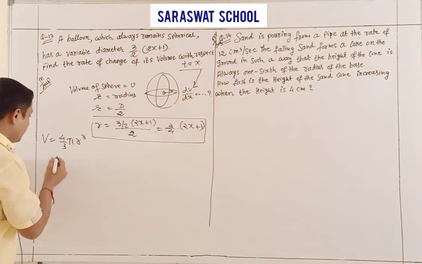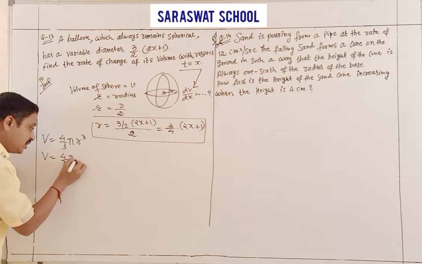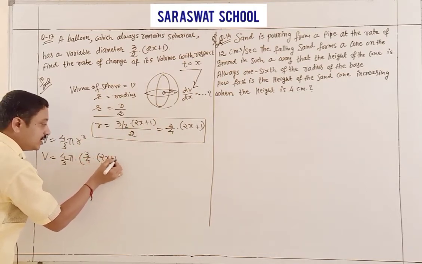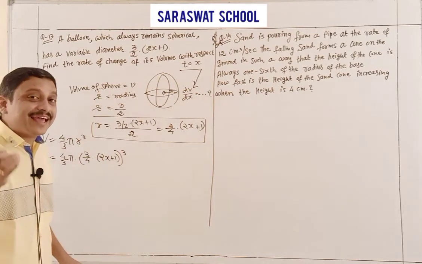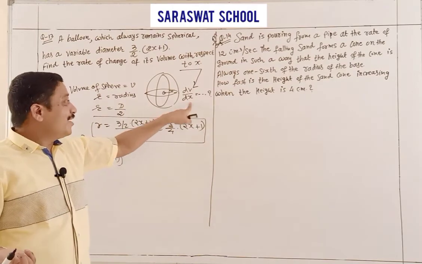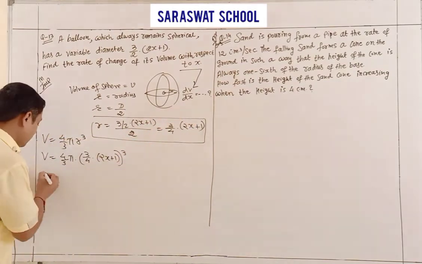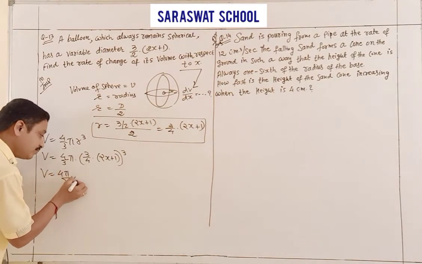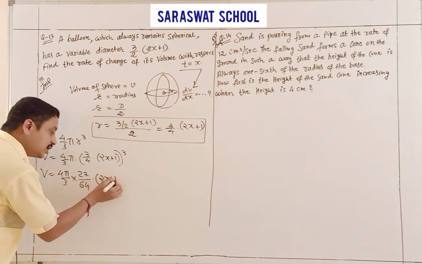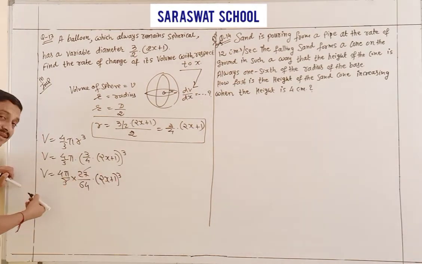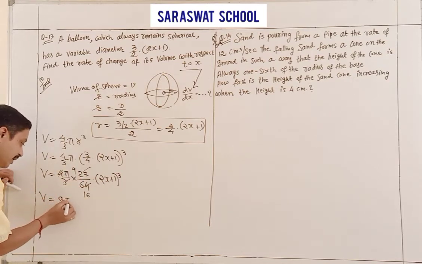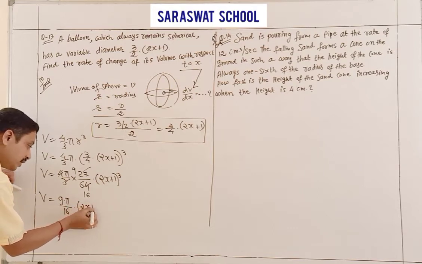So here V equals 4 by 3 pi times (3 by 4 times (2x plus 1)) cube. Now check that your equation is in the form of x. Now the derivative is easily done. First of all we simplify. 4 by 3 with 27 and 4 cube is 64, and (2x plus 1) cube. See this, this cancels, 9s cancel, 16s cancel. So we get 9 pi by 16 times (2x plus 1) cube.